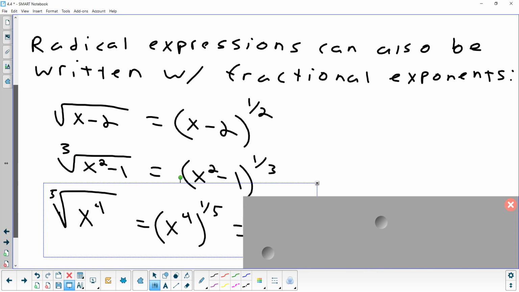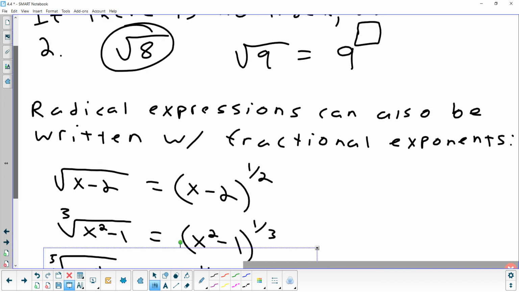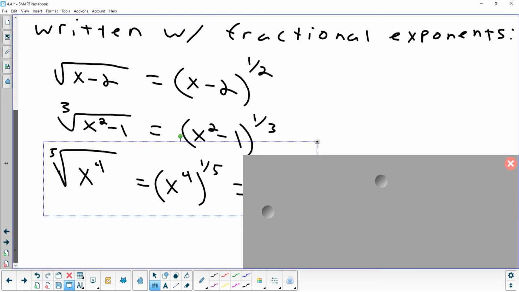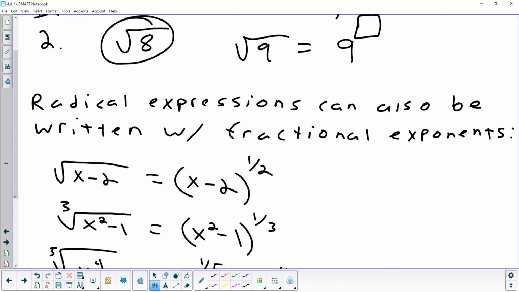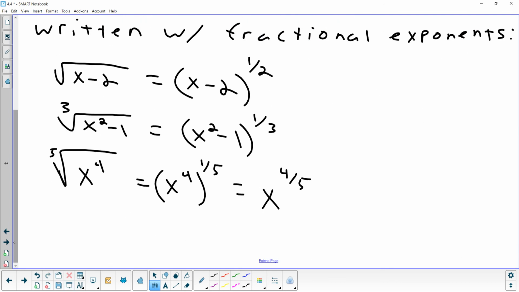What do you do when you have a power raised to another power? Multiply. So what would the final exponent be in that one? 4/5. Yeah. So that's one reason why you might do something like that, because it allows you to simplify a little. Okay, so any questions on writing a radical as a fractional exponent?